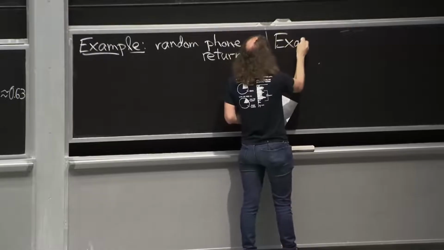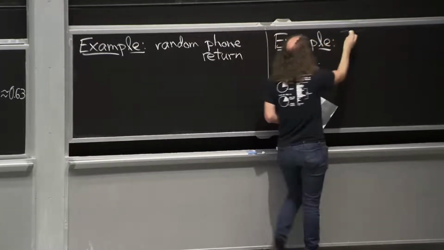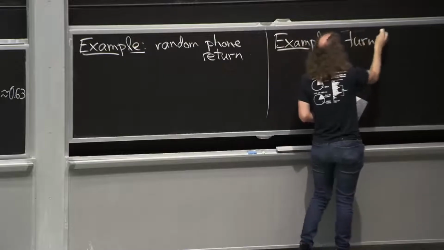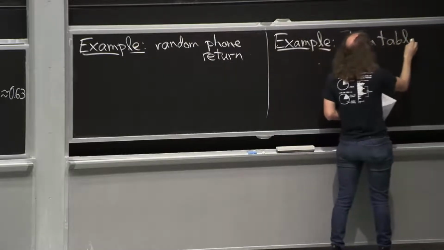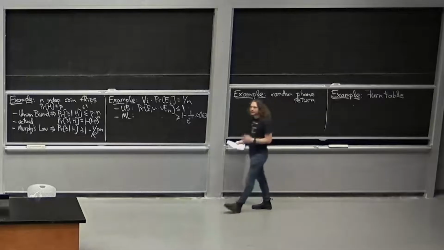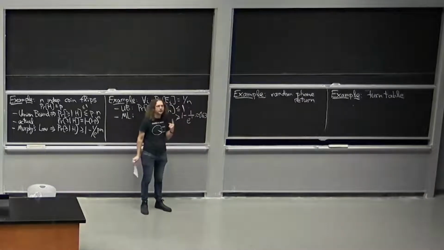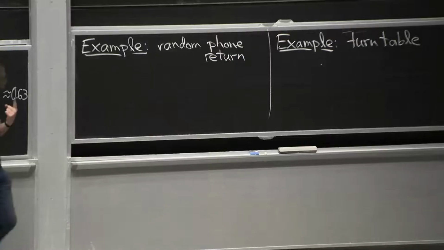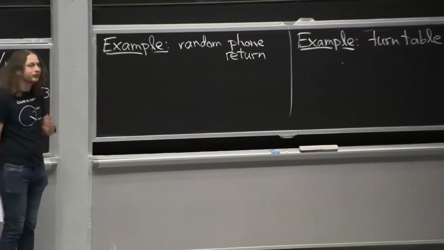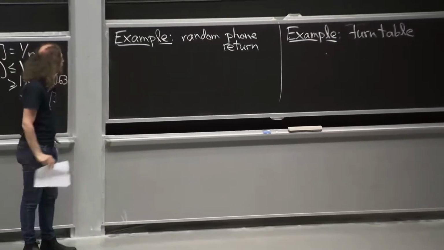And then we talked about a version with a turntable, or a lazy Susan, where either everyone gets their phone back or no one does. And it was kind of weird because in expectation, these were the same. The expected number of phones that went back to the correct person was 1, independent of how many people and phones there were, as long as number of phones equals number of people, which is kind of funny. Expectation was always 1.